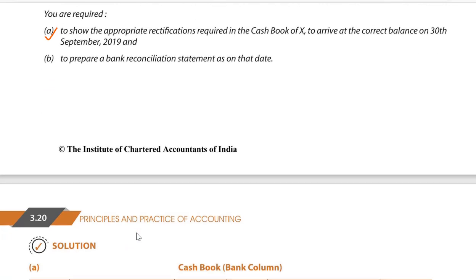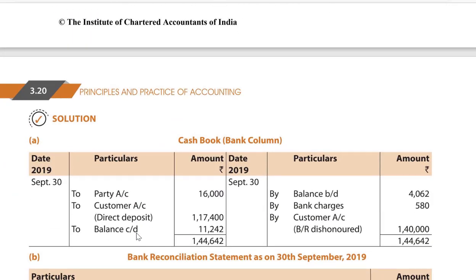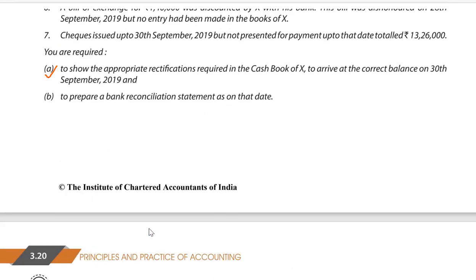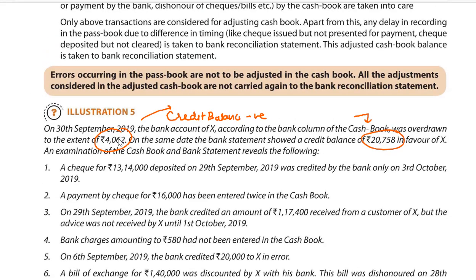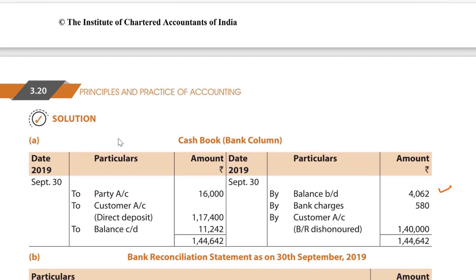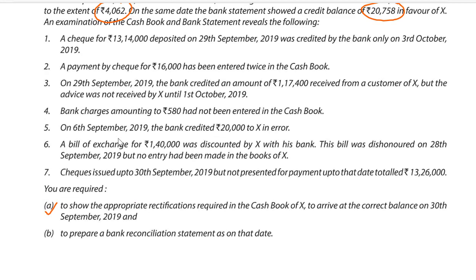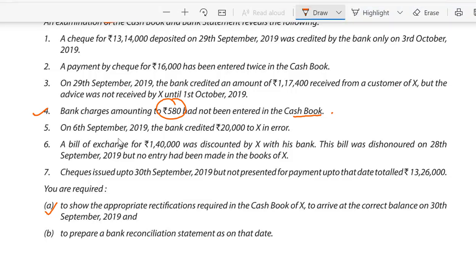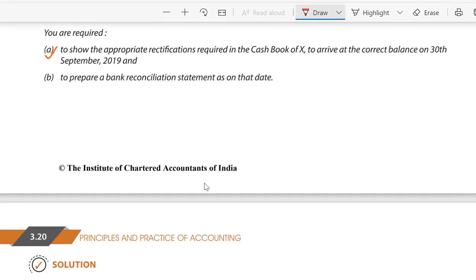So over here, as you can see, there is an overdraft balance in the cash book, given as 4062 in the question. Point number 4. Bank charges amounting to 580 did not enter in the cash book. So we will enter the bank charges into the cash book now, so minus 580.